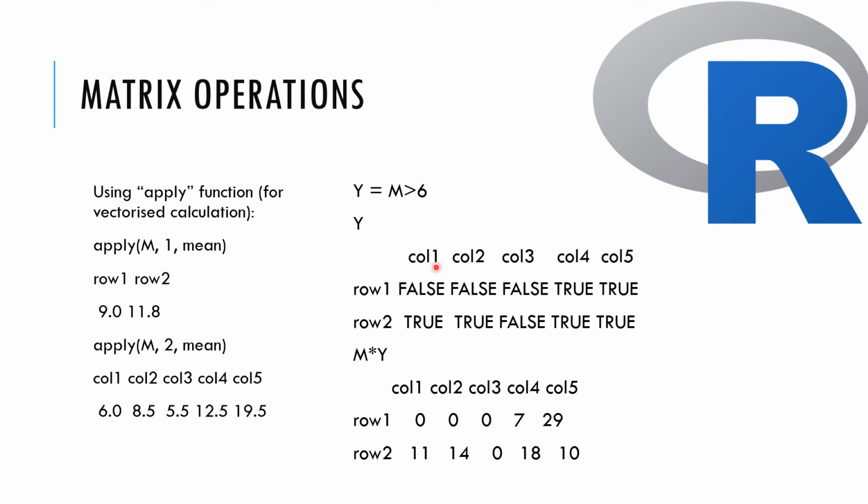So R automatically converts this matrix into zeros and ones, and then does the element wise multiplication. Therefore wherever you have false it will become 0, and wherever you have true it will become 1 times the actual value of that particular element. So you get the matrix which has all the values greater than 6. That's the condition we have taken here. So this is a very nice way to do it in R.